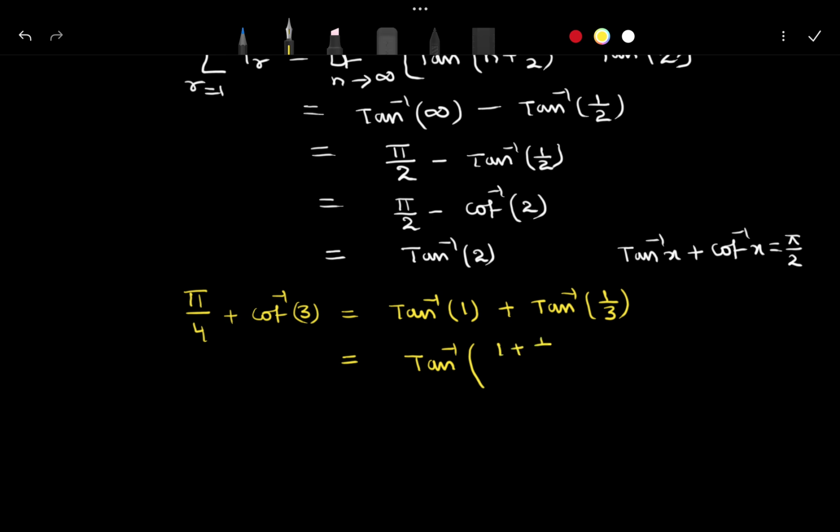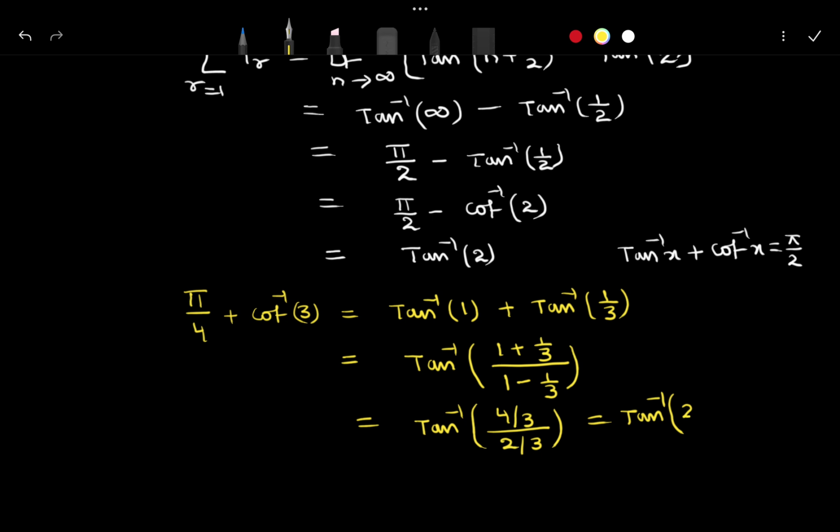So (1 plus 1 by 3) divided by (1 minus 1 by 3) gives tan inverse of 4 by 3 in the numerator and 2 by 3 in the denominator. The 3s cancel, and 4 by 2 is 2. So the result is equal to the above result.